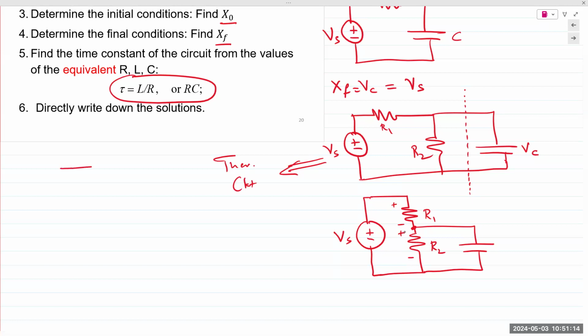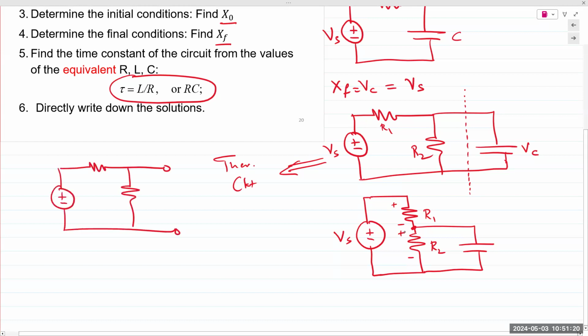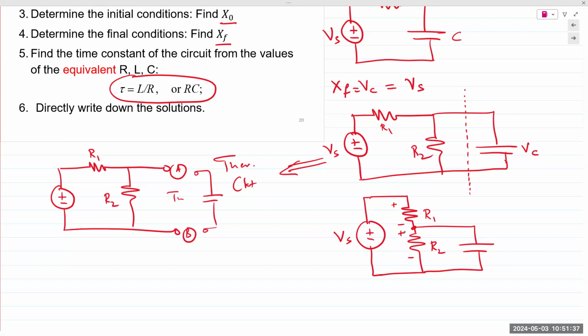You remove the capacitor from your circuit and you analyze it between those open terminals. And that's why Thevenin and Norton equivalent circuits are a very important part of circuit analysis. So you find the Thevenin circuit between terminals A and B. Capacitor is removed.